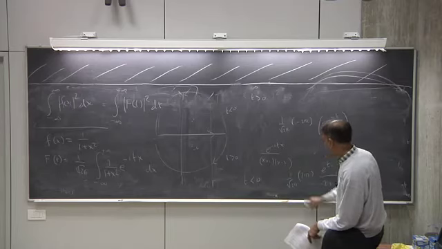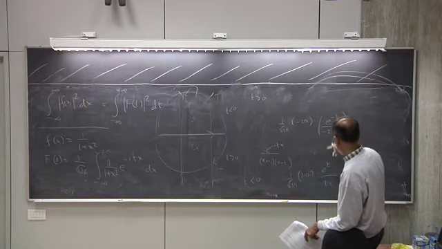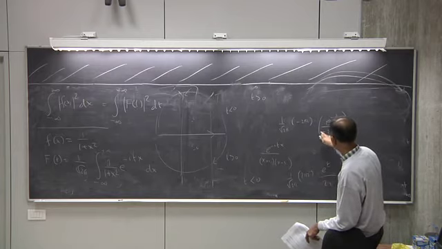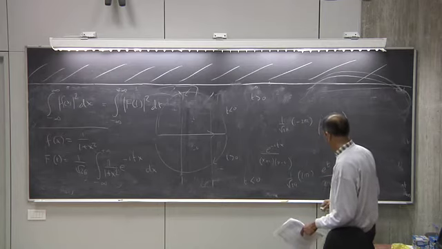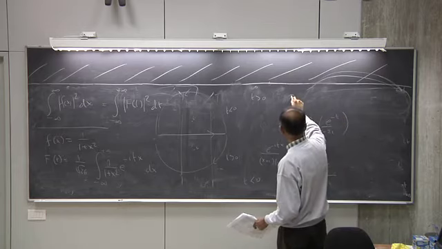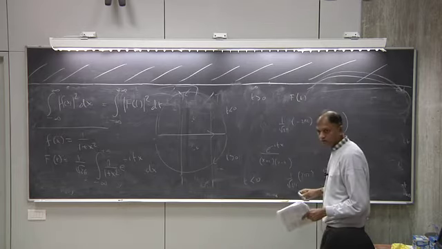This is for t less than 0. Notice that at t equal to 0 the two are equal, because the minus signs cancel. So capital F of t is continuous at t equal to 0.